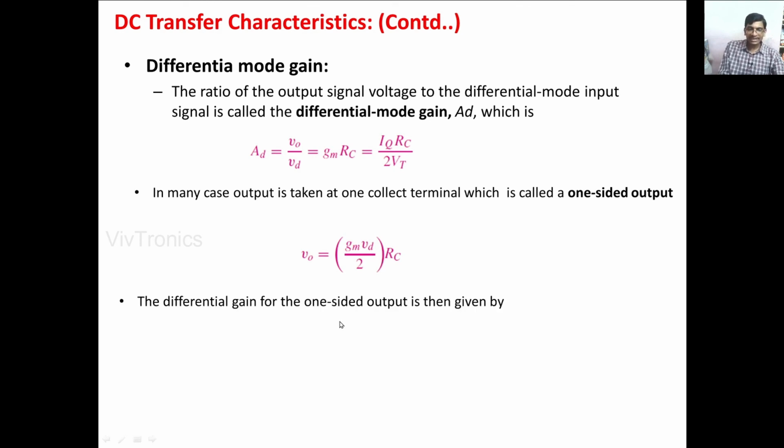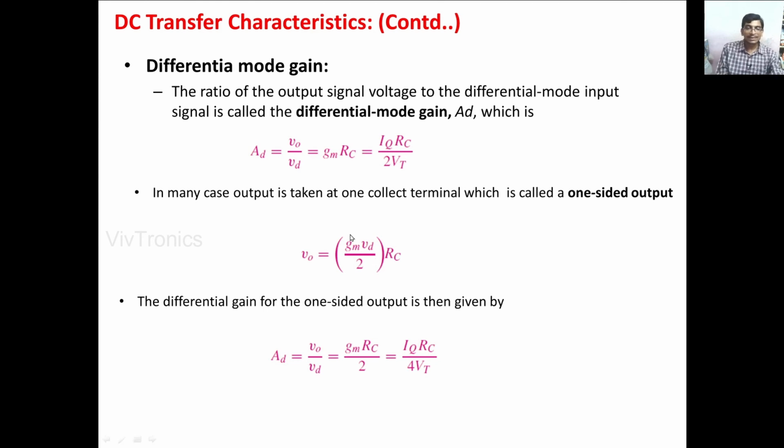Therefore, the differential gain for one-sided output is AD equals V0 divided by VD, which is equal to GM RC divided by 2, which is equal to IQ RC divided by 4 VT, because GM is equal to IQ by 2 VT and the 2 and this 2 get multiplied, which becomes 4. That is the differential mode gain for the one-sided or unbalanced output configuration, and the earlier one is the differential mode gain for the balanced output configuration, or the two-sided output.